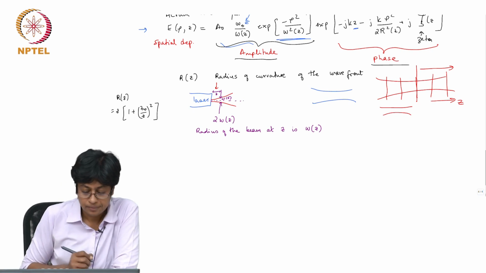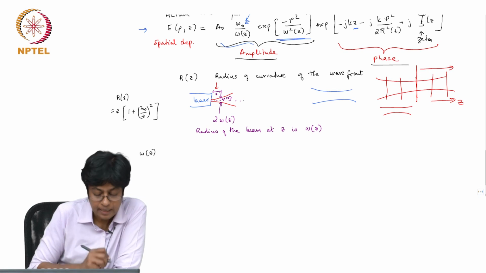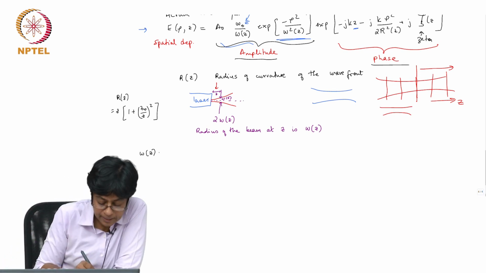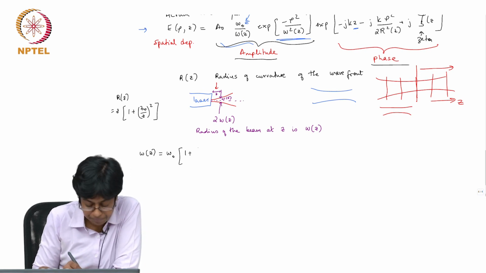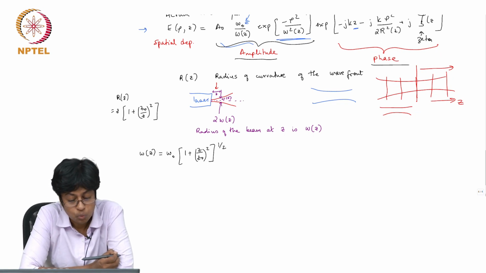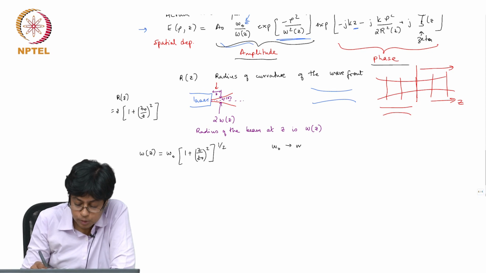We also have omega of Z, and now we already know this is the radius of the beam, but I can write it in terms of the minimum spot. So what is omega naught? Omega naught is the minimum spot size.